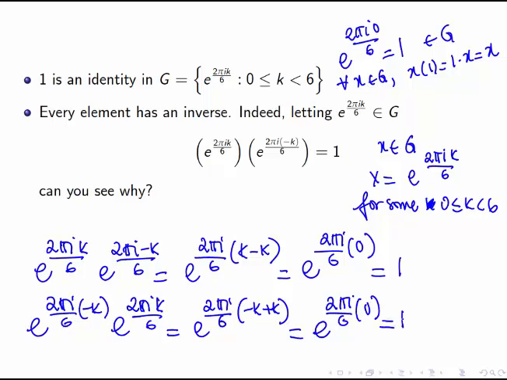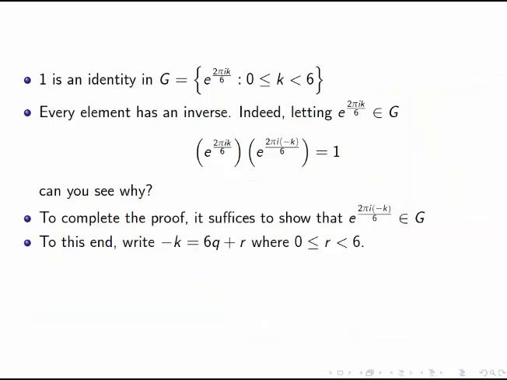Now, to conclude that G is closed under inverse, we have to show that this element is in fact an element of G. We write negative k as 6q plus r using Euclid's algorithm, where r is our remainder. Now, substituting negative k with 6q plus r gives us e^(2πi r/6).